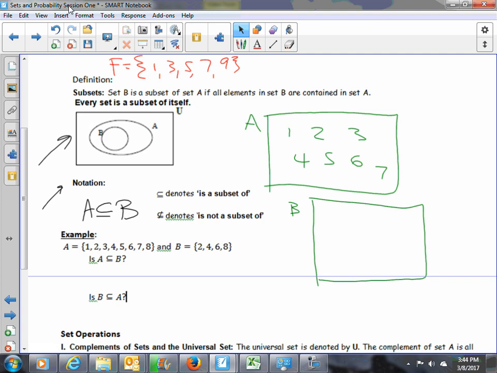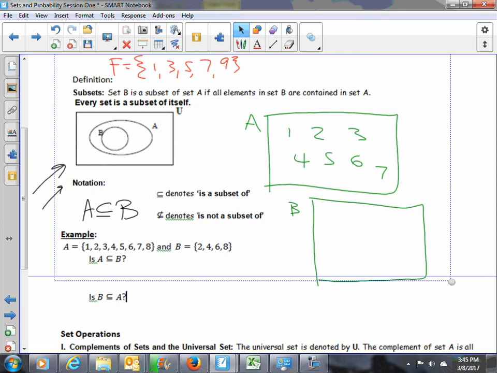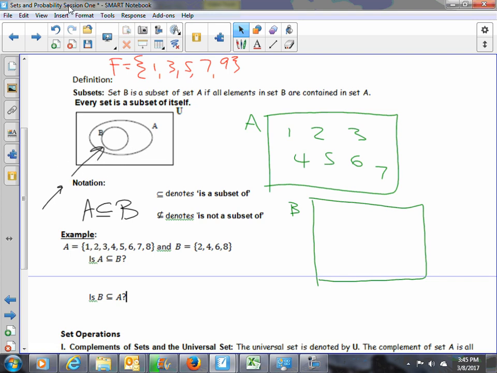Now, start off with this picture here, this Venn diagram. Notice the universal set is the rectangle here, and we have a set A represented by this oval here, and a set B represented by this oval here.